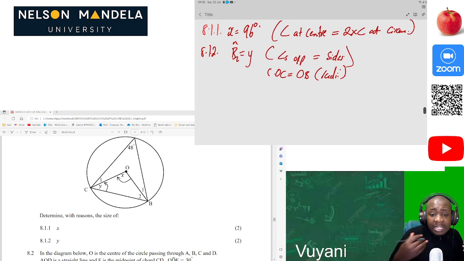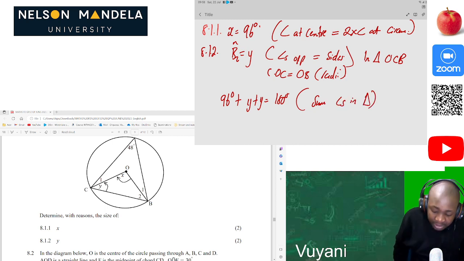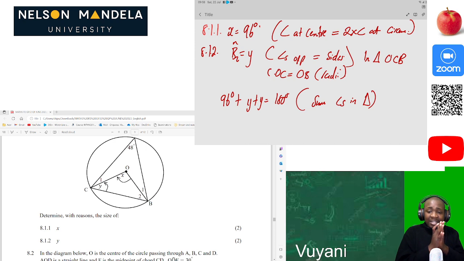So now we can sum all the angles. We can say 96 degrees plus 2y is equal to 180 degrees, in triangle OCB. The reason: sum of angles in a triangle. That is the beauty of Euclidean geometry, because we are summing everything in the triangle we have formed.